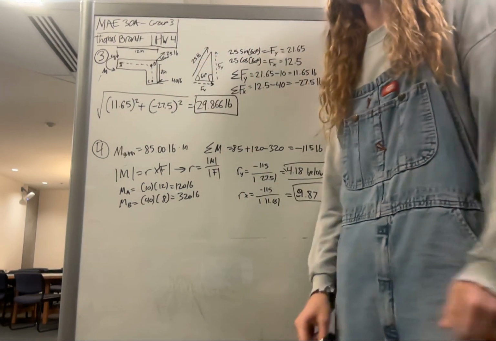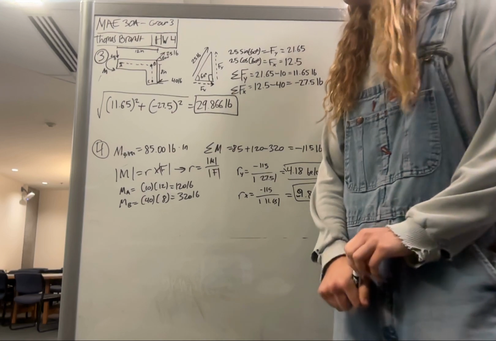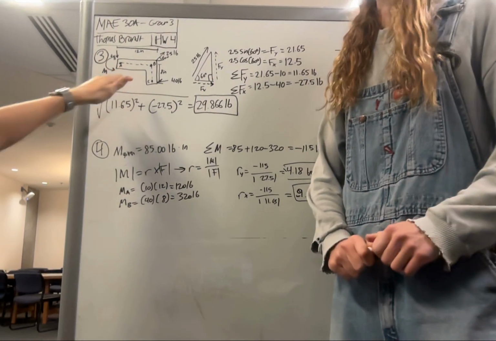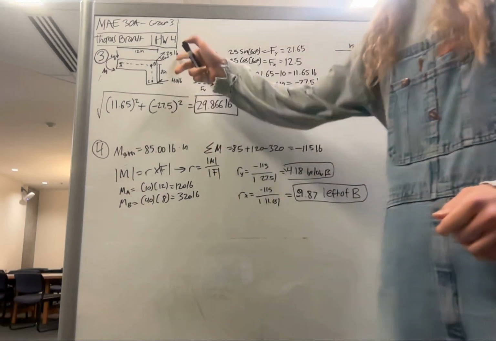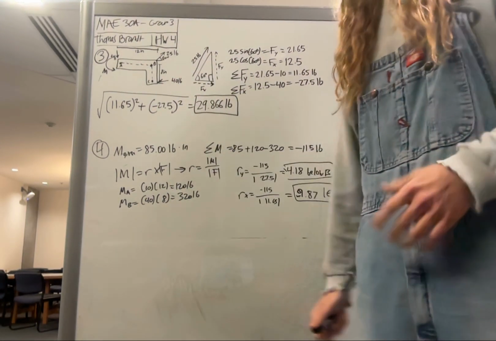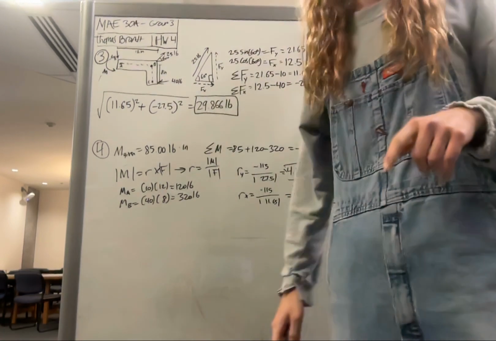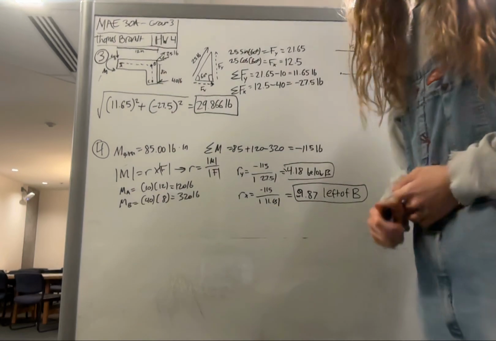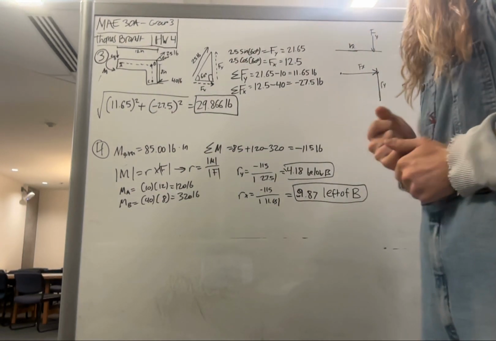Could you do this problem if you did it about A or about C? I think you could. It would just be a lot harder on yourself. Do whatever makes sense in your head. As long as you're consistent with your positives and negatives, I think that's the key.